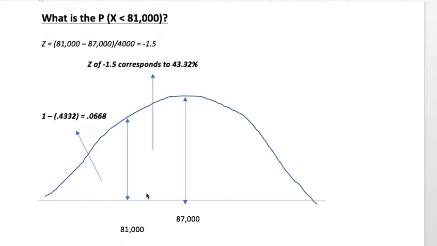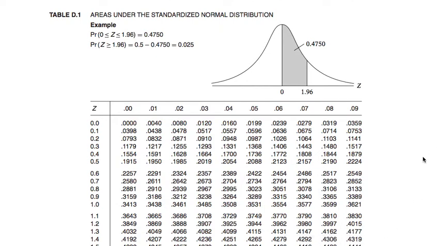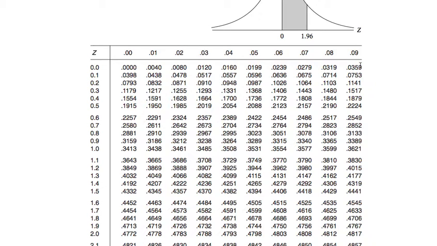Now, to determine the area in question, less than, we want to determine the area to the left of 81,000. So we've come up with negative 1.5 z's, and from that standpoint, we want to be able to determine what the area is.